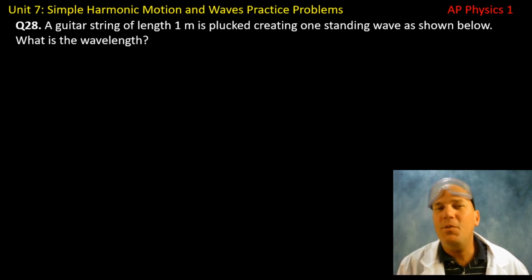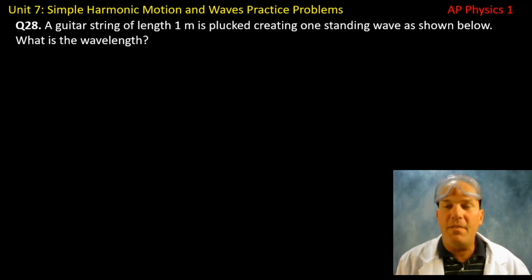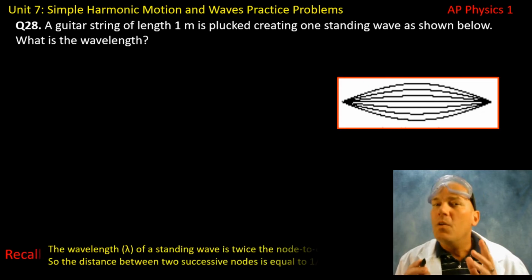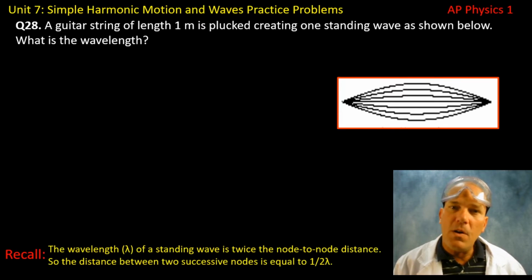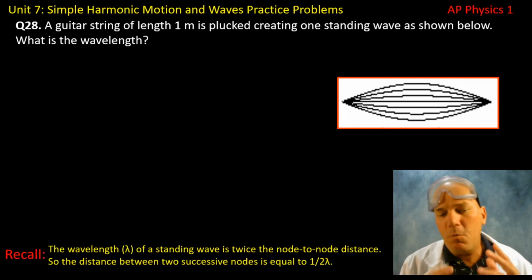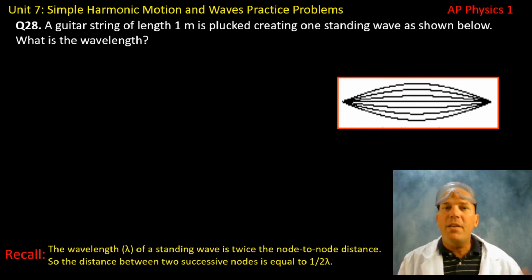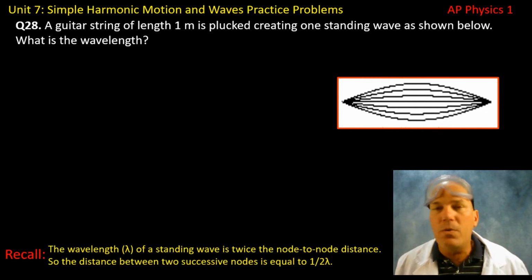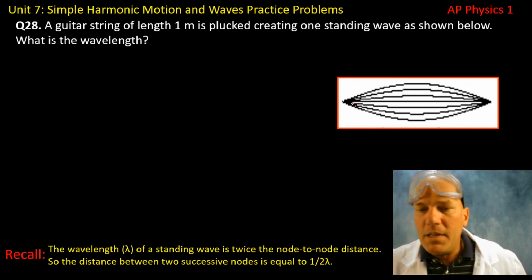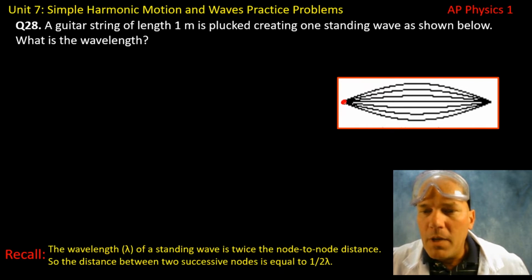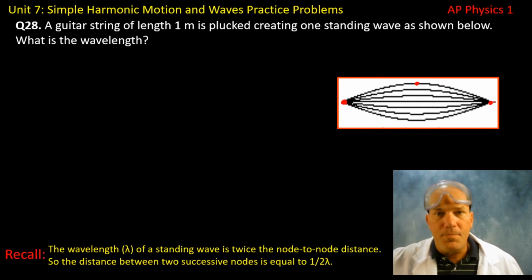All right, question 28. A guitar string of length 1 meter is plucked, creating one standing wave as shown below. What is the wavelength? Well, recall from the preceding facts that the wavelength of a standing wave is twice the node-to-node difference. So if we look at this diagram here, we have a node here, antinode here, and a second node here.